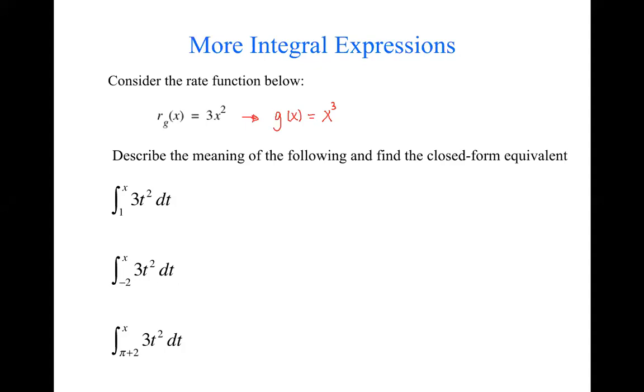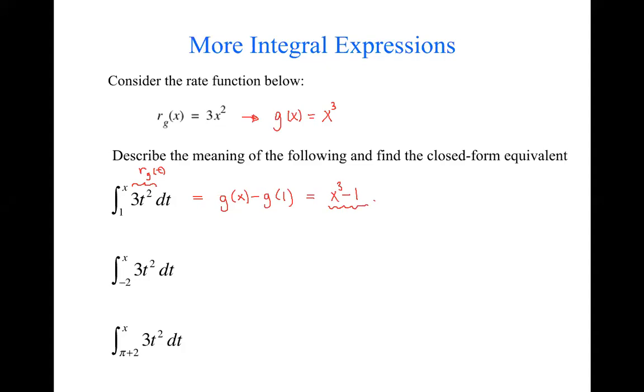But to evaluate this then, since this is r sub g of t, I can say, oh, well, then what accumulates is g final, g of x, minus g of 1, which would be x cubed minus 1 cubed.